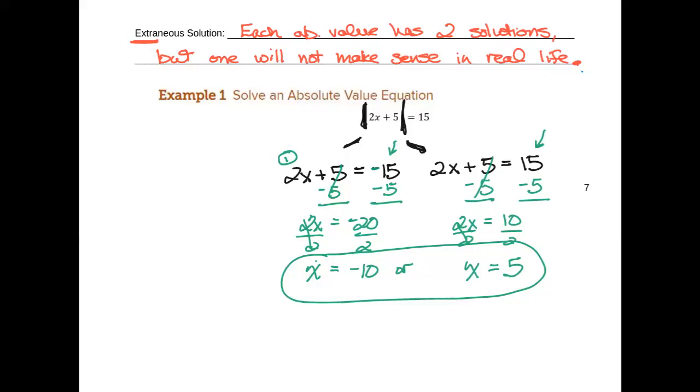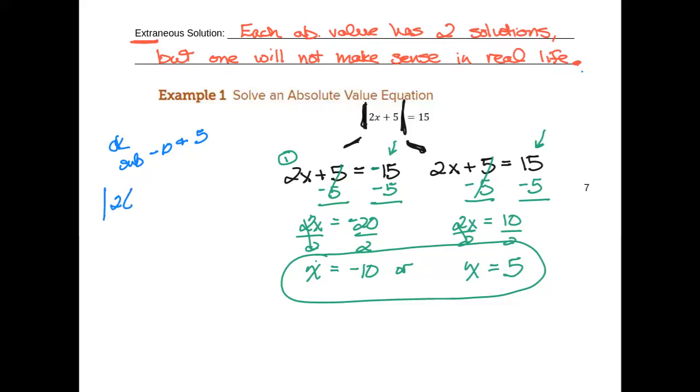Now, let's see, how in the heck can these actually work? They're two different numbers. They seem to be very different, right? So let's just do a check over here so you can see how this works. I'm going to substitute negative 10 and 5 into that equation.